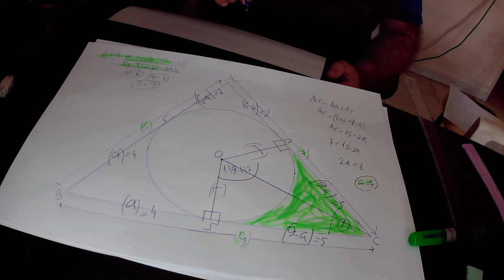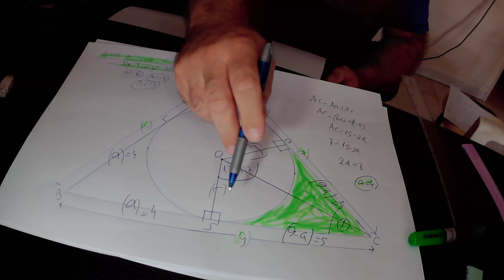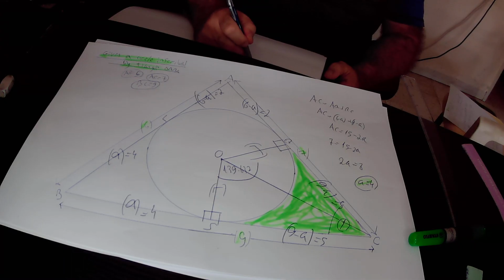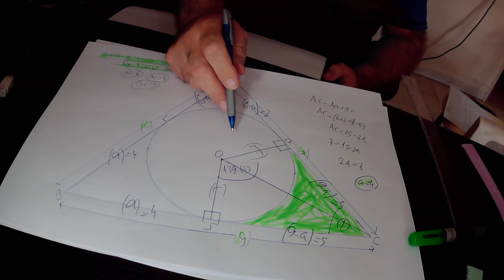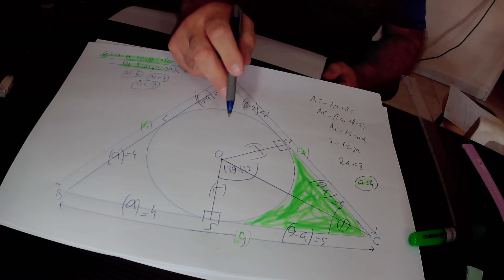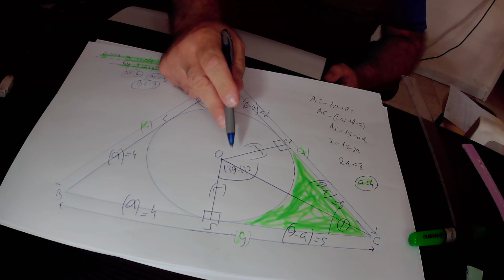First we found out that the area of the big quadrilateral QOSC is equal to the area of this right triangle OQC plus the area of this right triangle OSC.